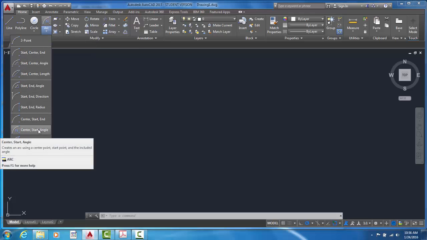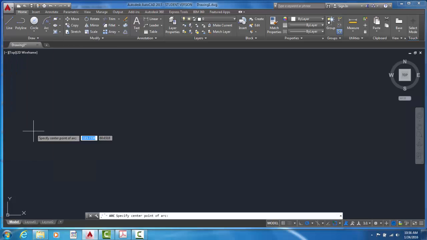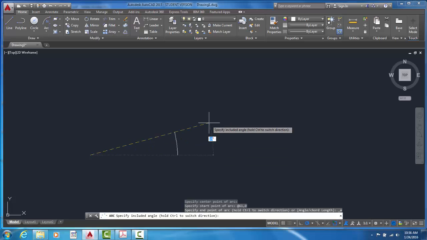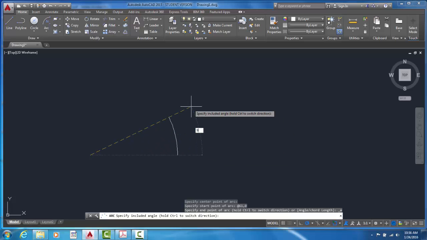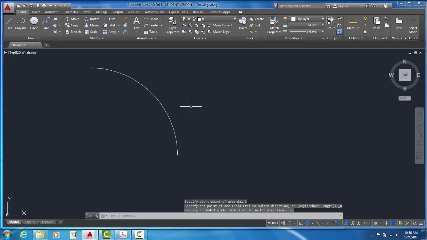There are lots of ways to create the arc. I'm going to choose center start angle. Center of the arc. I'm going to use relative coordinates at 61, 0, create my start point, and then 90 degrees as the angle.